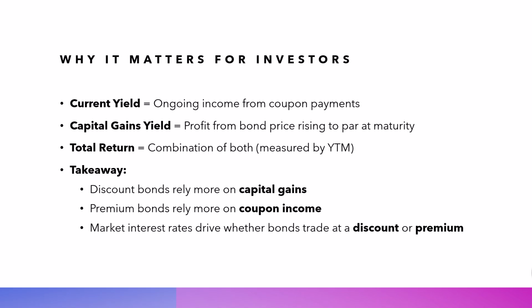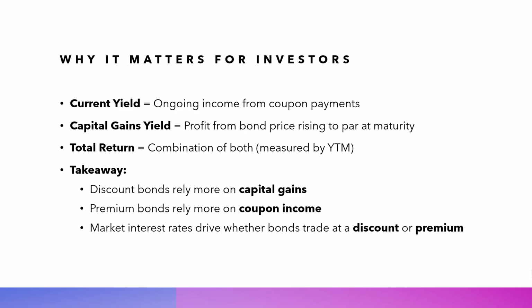The second thing from that, the capital gains yield reflects the price appreciation from a bond that trades below par and moves back up towards $1,000 at maturity. This appeals to investors looking for growth in bond value.